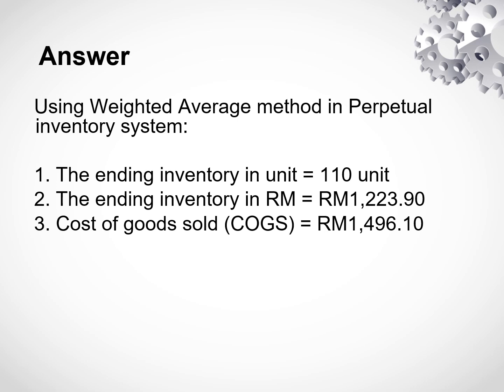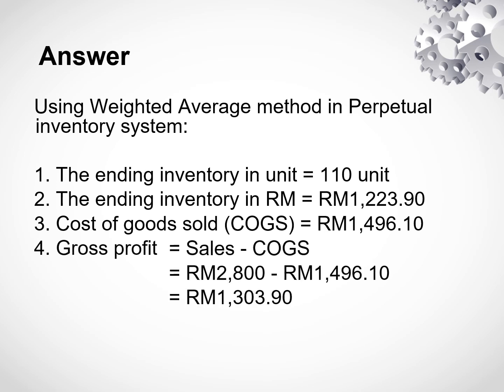All these answers you can get from the table just now. And for number 4, gross profit equals to sales minus cost of goods sold. Sales equals to 2,800 and cost of goods sold is 1,496 and 10 cents. So the gross profit equals to 1,303 and 90 cents.